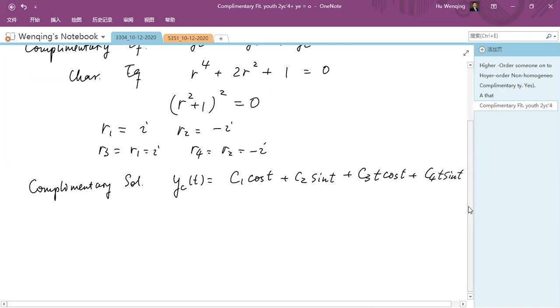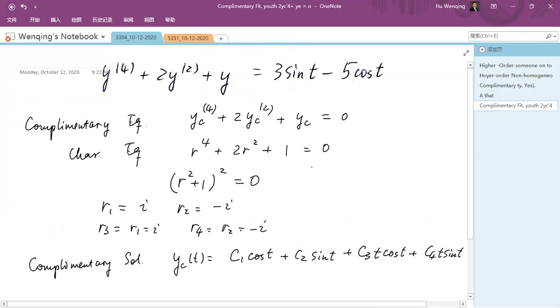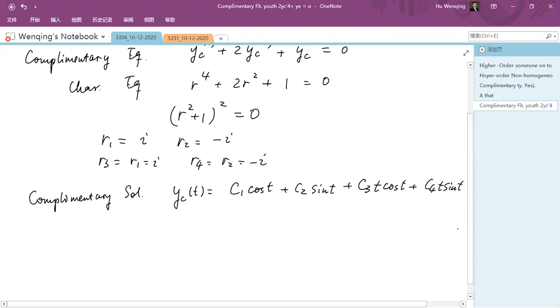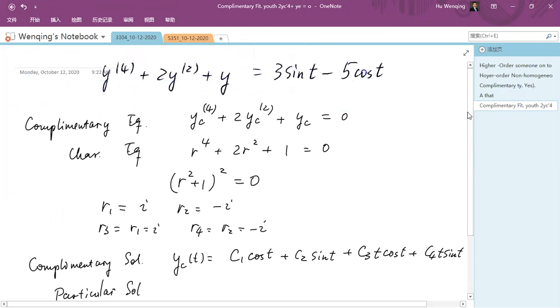Therefore, you want to try a particular solution. So what will the particular solution look like? Well, it's going to be a capital Y of t. Your right-hand side is sine and cosine.